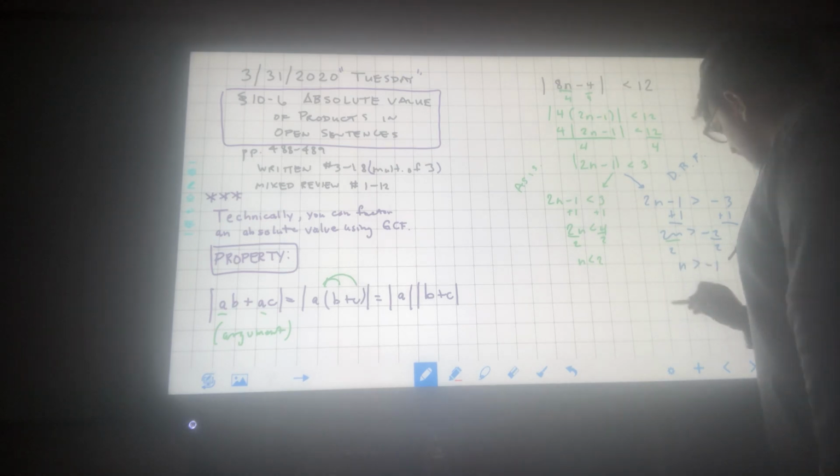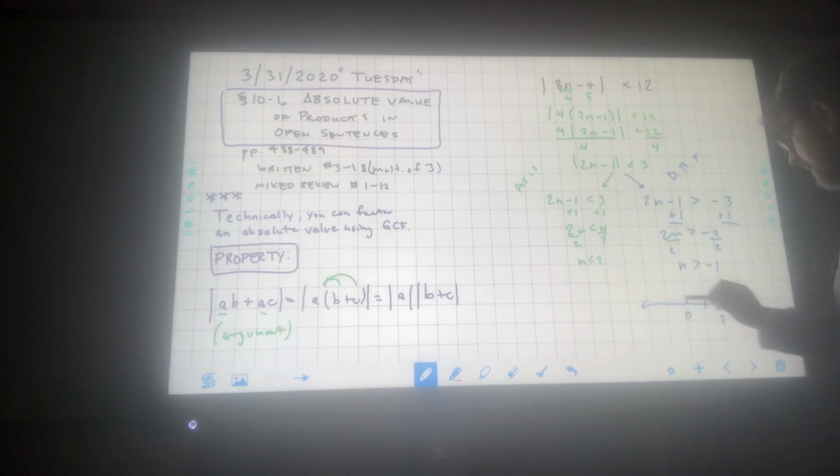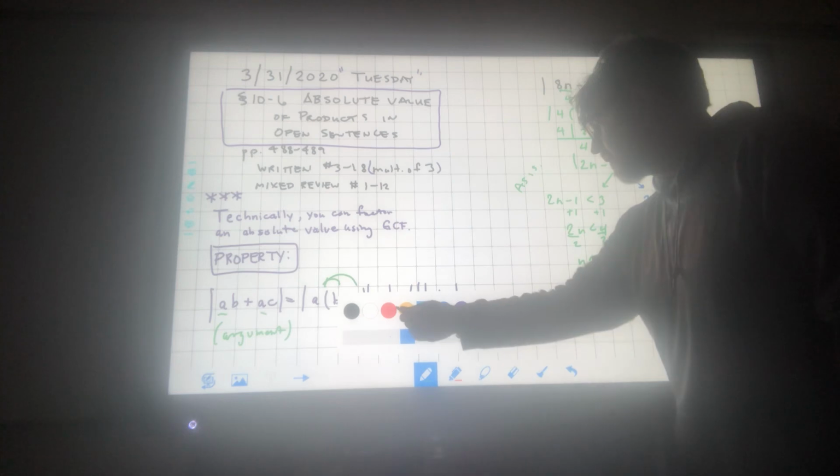So you kind of have to graph to figure out what's going on here. Okay, we'll say this is 0, 1, 2, and there's negative 1. So n is greater than negative 1, but less than 2. We're dealing with a sandwich, okay? Let's choose a third color here. Let's go with red.